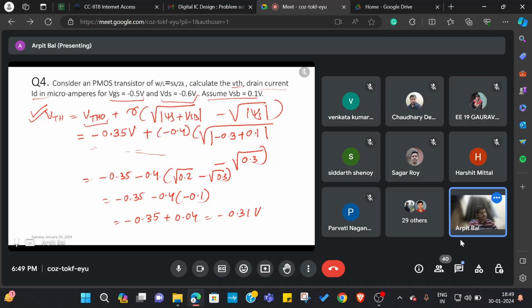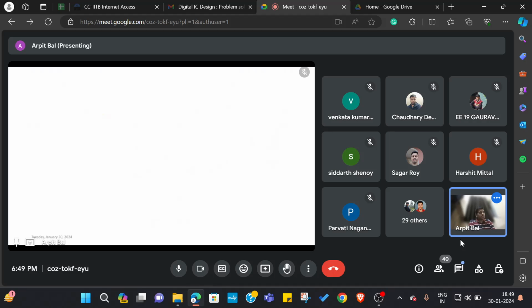Okay, let us move to figuring out the region of operation. Now VGS minus VTH is equal to, so let's see what was the VGS given to us.